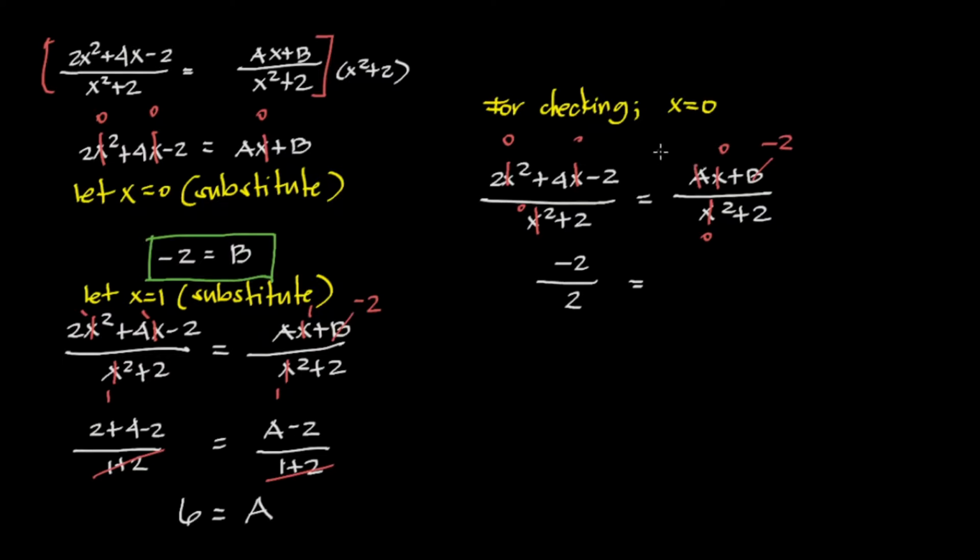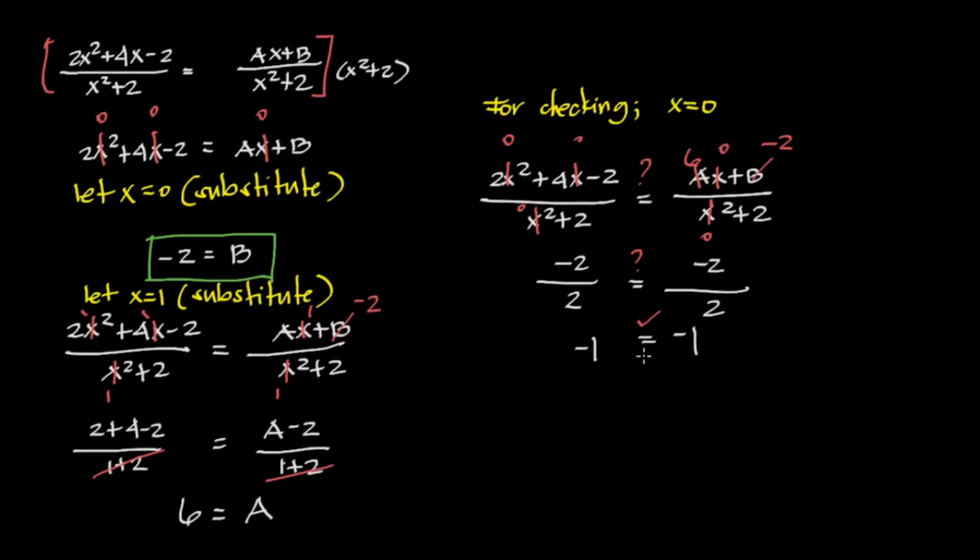Ito yung kay a is 6, pero useless pa rin kasi magiging 0 yan kasi yung katabi is 0. So, we have negative 2 over 2. Ayan, same. So, negative 2 over 2, that's negative 1, is equal to negative 1. So, therefore, tama yung nakuha natin na sagot.